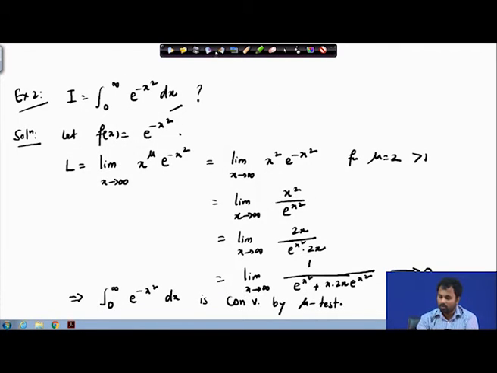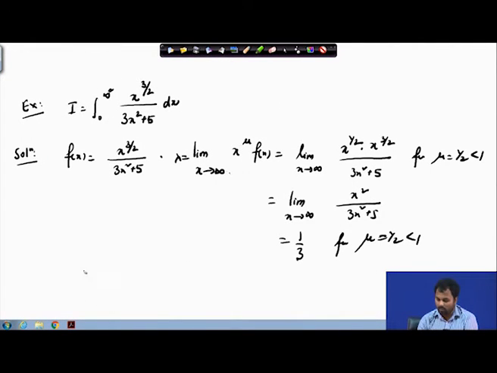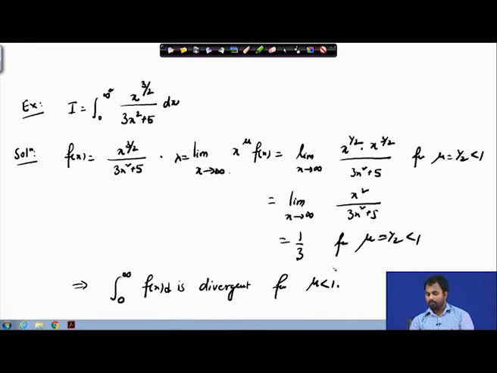So, from here we can write that integral from 0 to infinity f x dx is divergent for mu less than 1, or by mu test. So, that is the way we show the divergence.